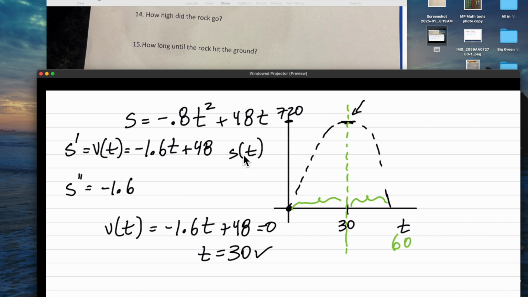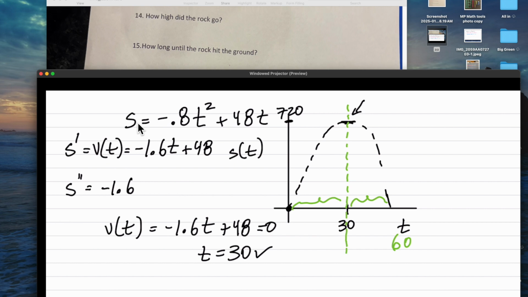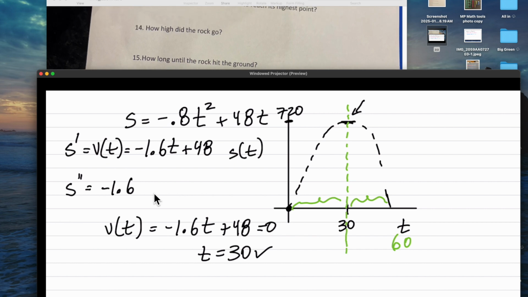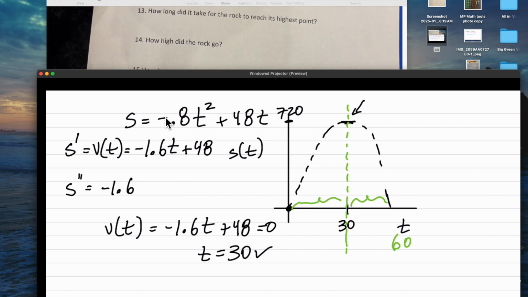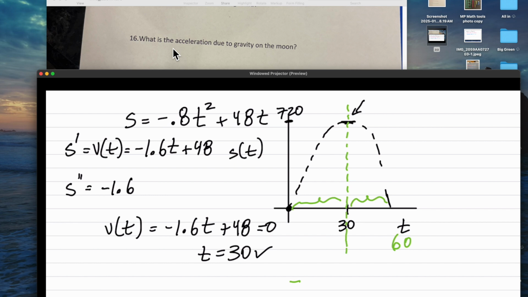The other way to do it is to recognize that on the ground, the height is 0. So you can go ahead and set the s equation equal to 0. So it would be our original function, negative 0.8t squared plus 48t. We're going to set that equal to a height of 0.